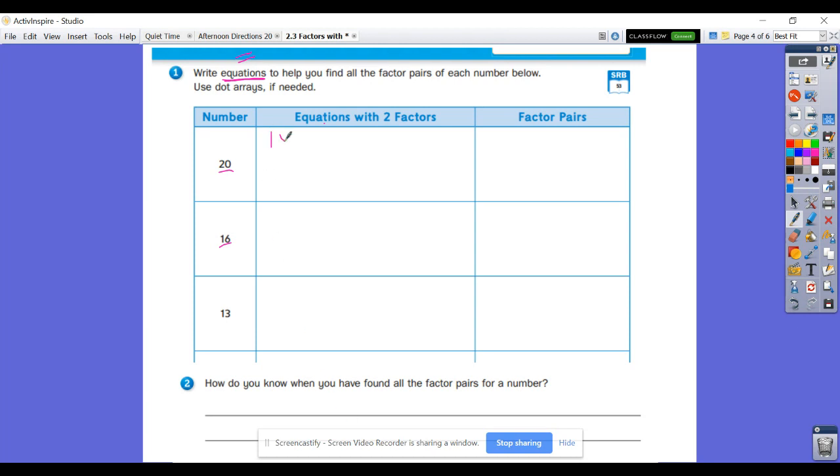So for instance, I'll have 1 times 20 equals 20. I need to write the turnaround fact, 20 times 1 equals 20. I'm just taking those factors and putting them into equations. 2 times 10 equals 20. 10 times 2 equals 20, right? And then I had 3 was not, 4 was, 4 times 5 equals 20, and 5 times 4 equals 20.